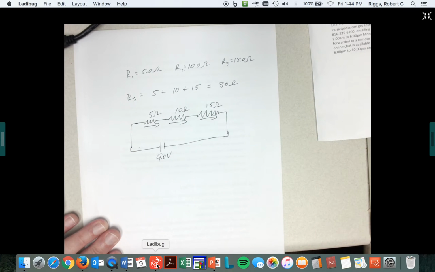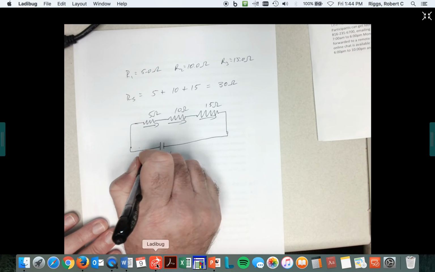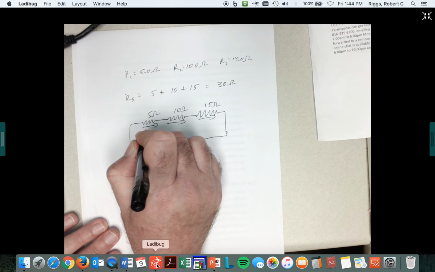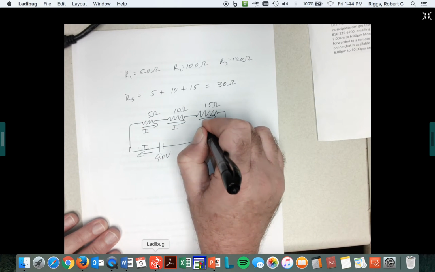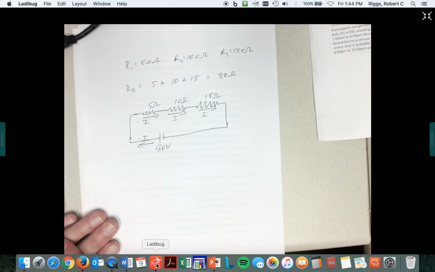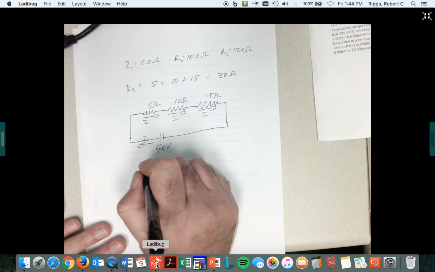The current's the same because the current coming out of here, boom, is I. Notice it doesn't break up anywhere. So this is I, and this is I. It's going through the same. So let's take the total resistance, which is 30 ohms.